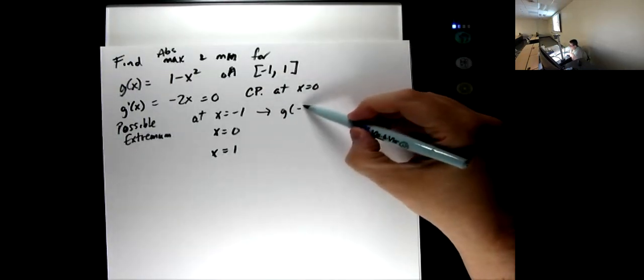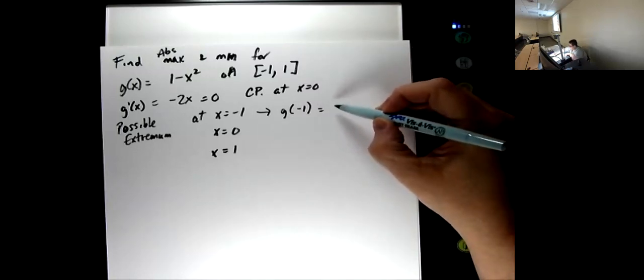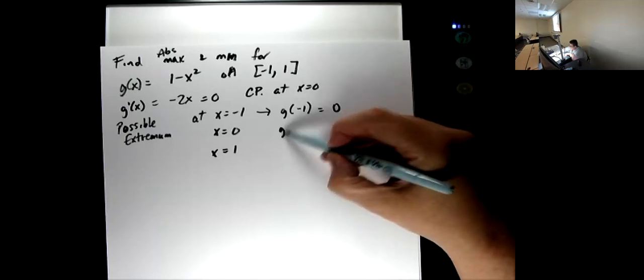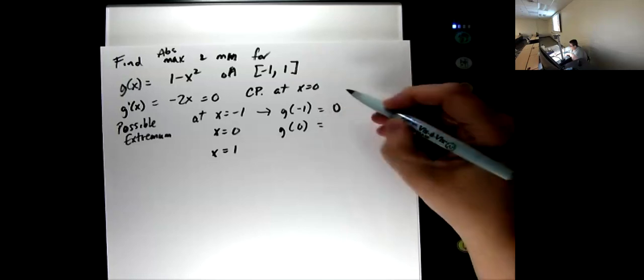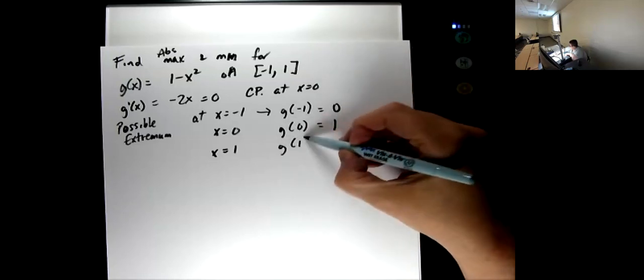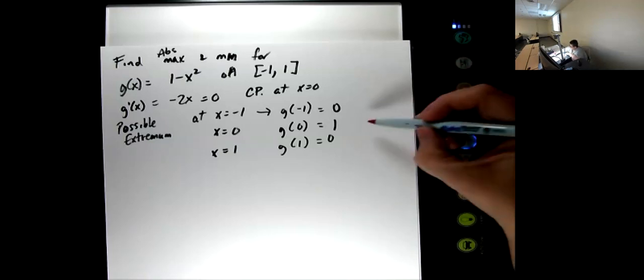G of -1 is 1 minus 1, which is 0. G of 0 is 1, and G of 1 is 0. So this is our absolute max.